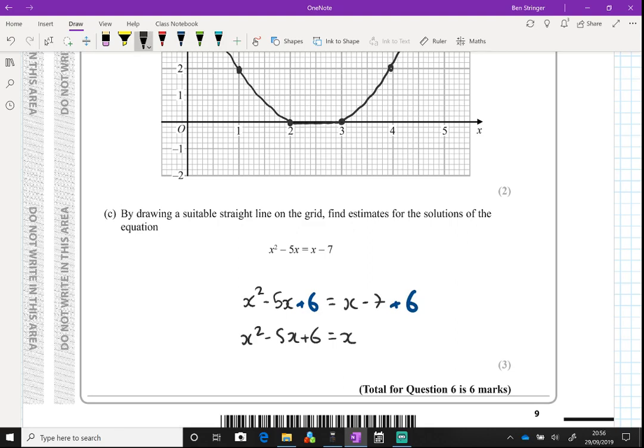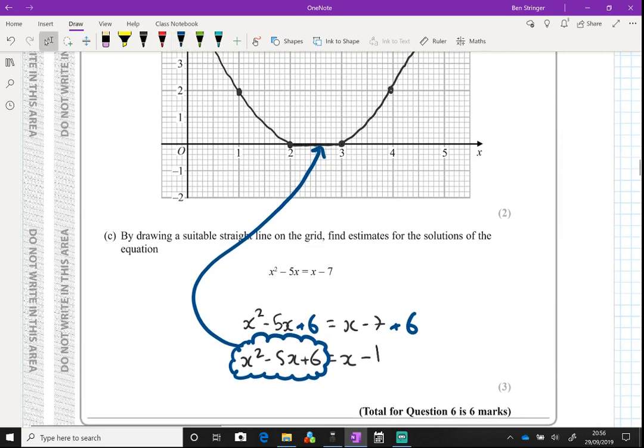equals x minus 1. Okay, so we've drawn this parabola, or this bucket-shaped graph. That is there. And now we need to draw the graph x minus 1. If we draw that, they will intersect somewhere, and we can find those coordinates. So now we need to draw the graph y equals x minus 1.